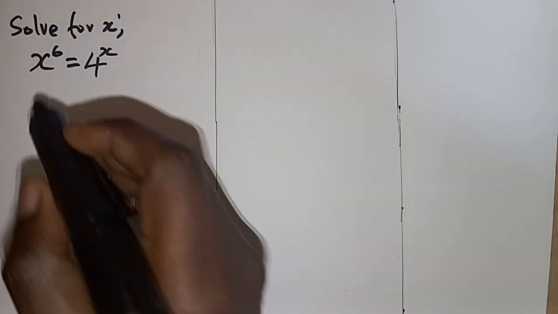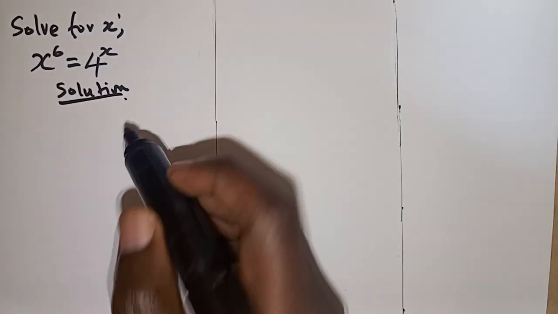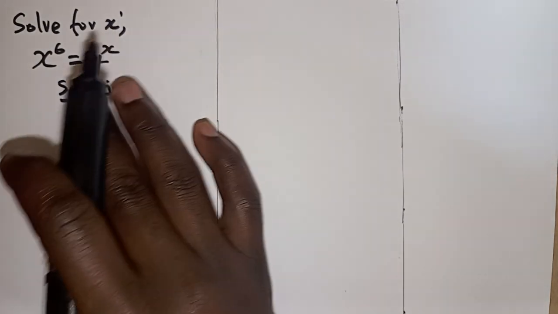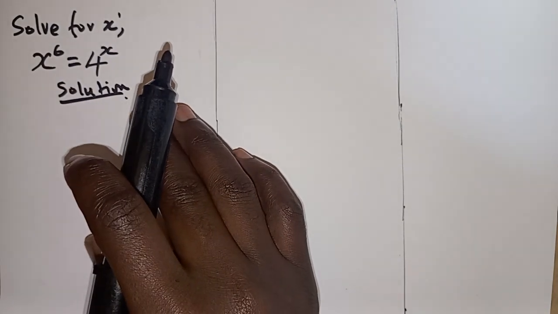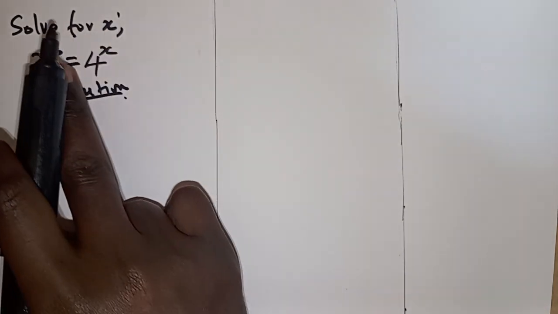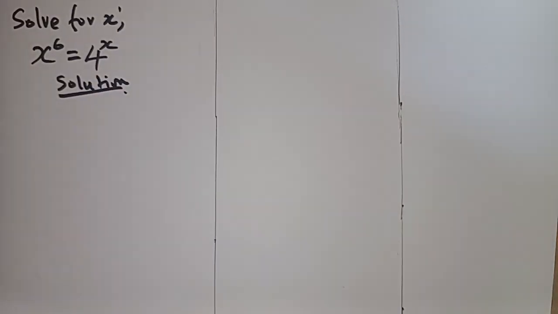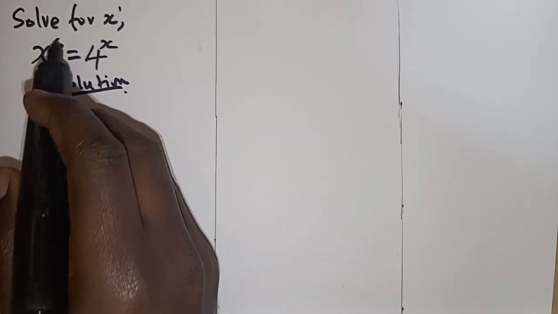And straight away, let's dive into the solution. The first approach, I should be able to predict by testing if I can get the value of x easily through inspection. I can start with the smallest value of x.